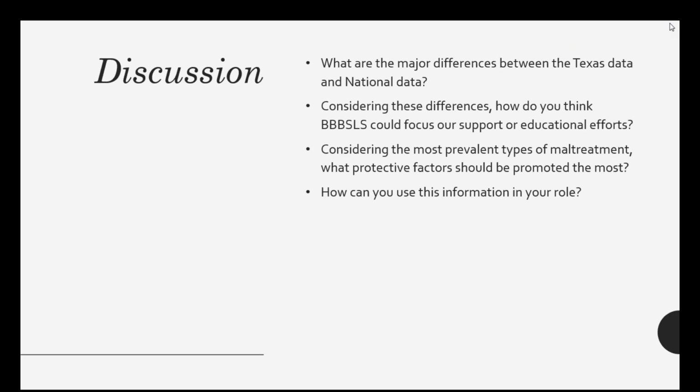So we've already talked about some of the protective factors, education being one of the protective factors that we can promote. Do you guys know what some other protective factors are for preventing abuse and neglect?